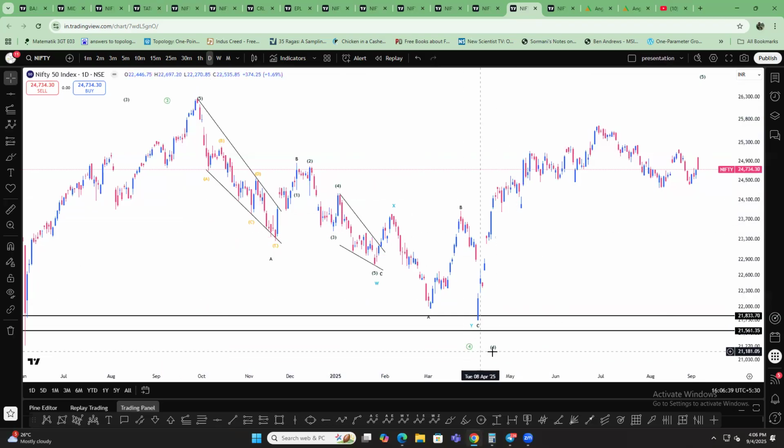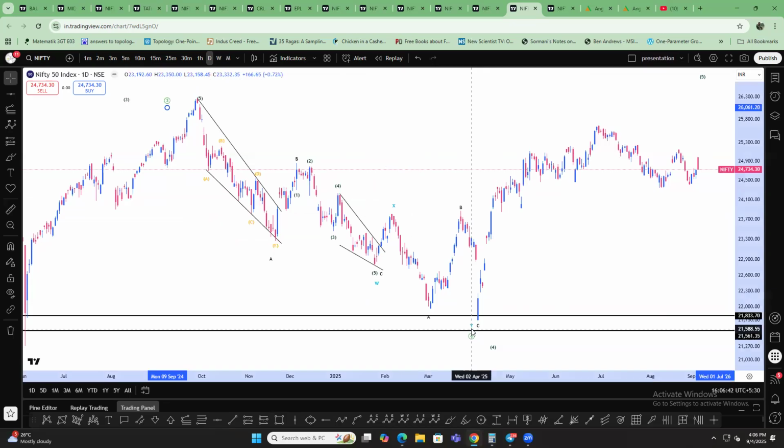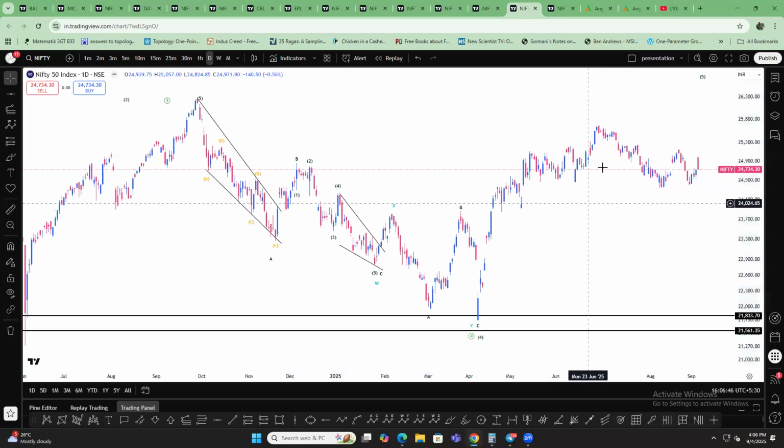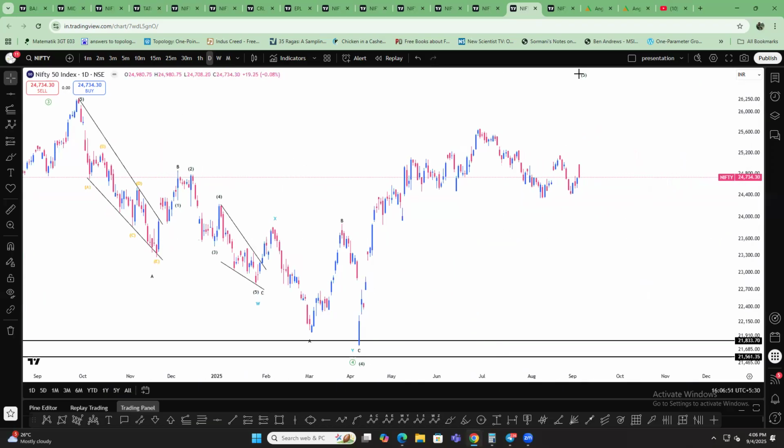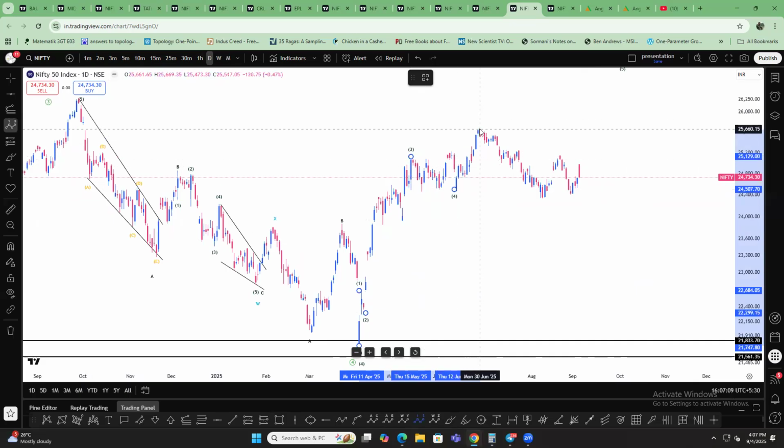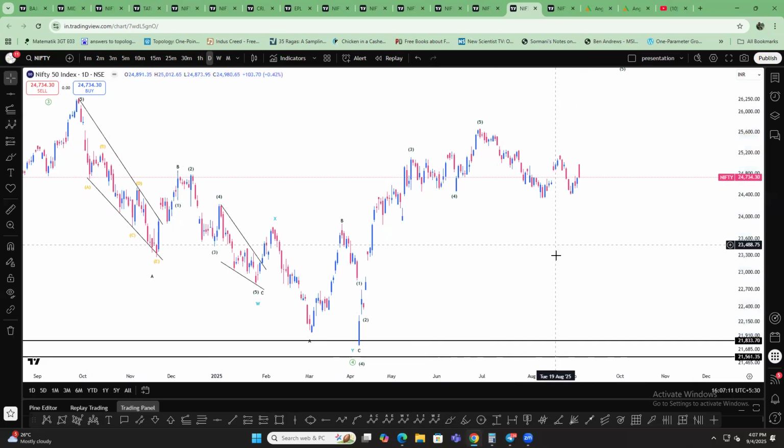Fine. So we can consider the end of wave 4 here now, and 5 is in progress. Now, in these 5, we have already completed 1, 2, 3, 4, and 5. Okay.